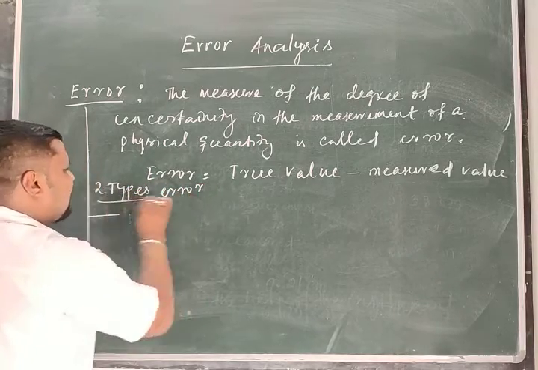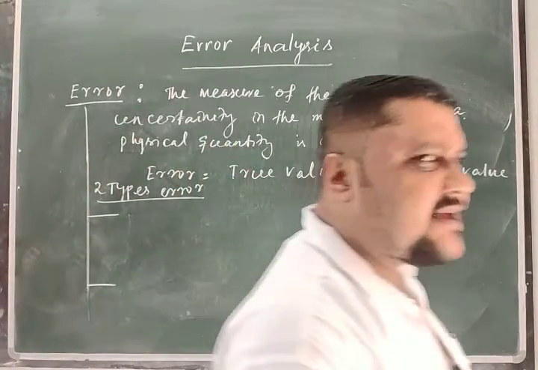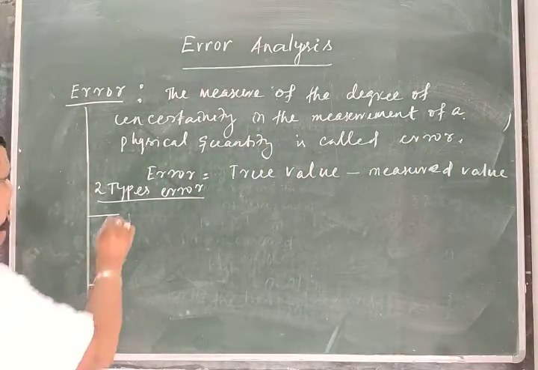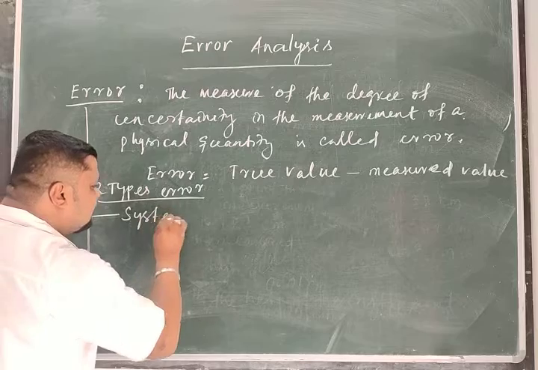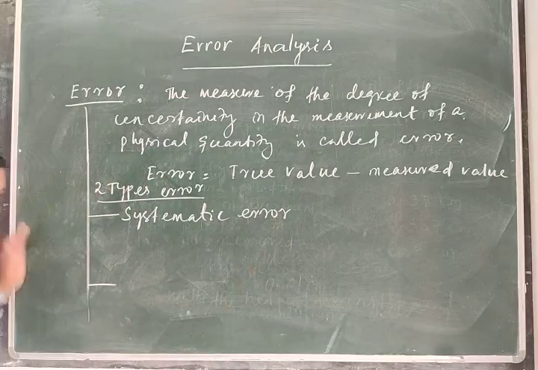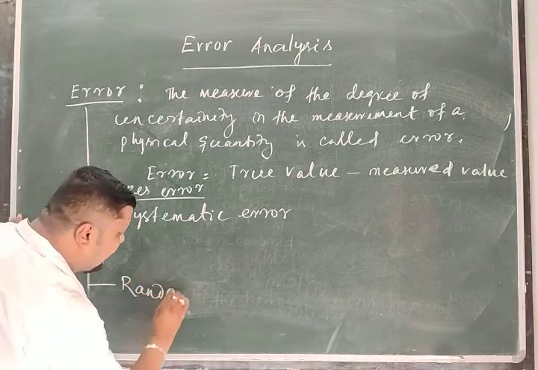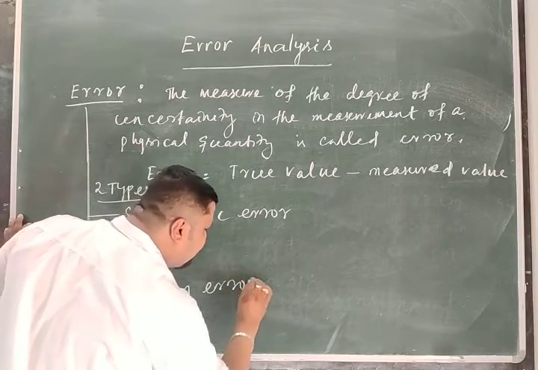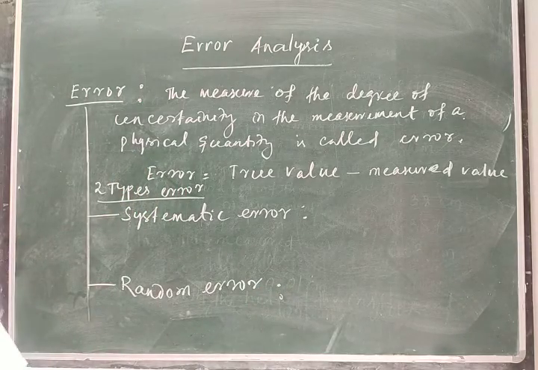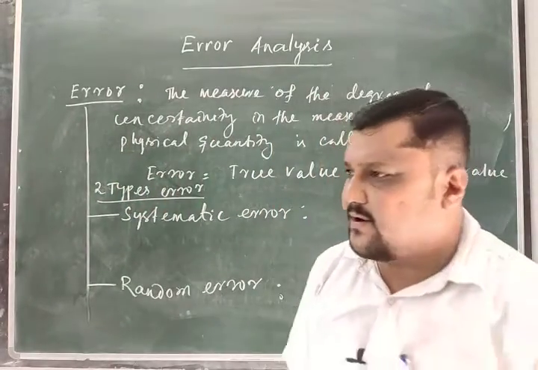In some books you will find other errors included, but they also come under these two types. One is called the systematic error, and the other one is called the random error. Clear? So now we will go into what is systematic error and what is random error.